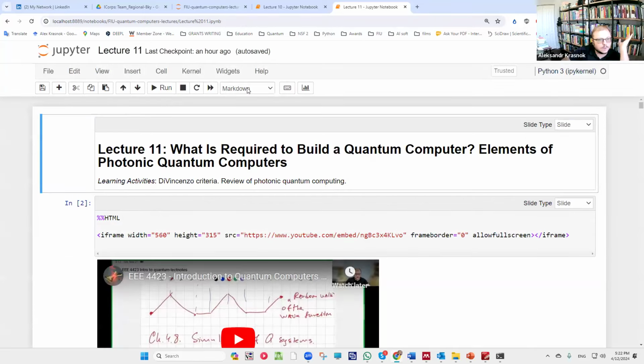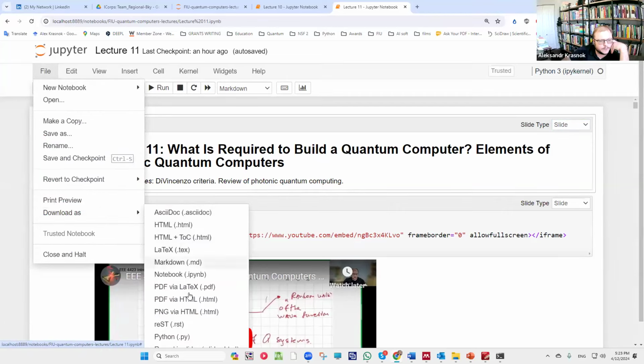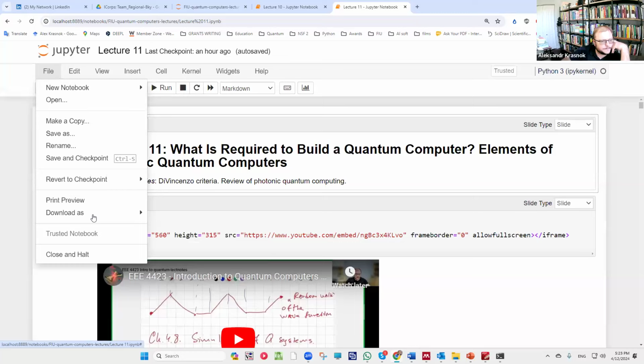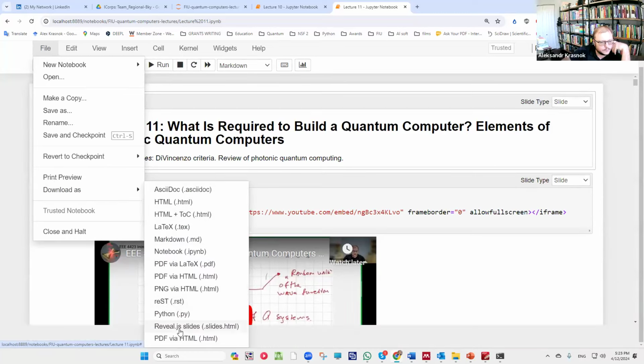And also you will get this slide type, like by default you can put slide to enable the content, and you can also save this file, download it as a .js format, which is slides, basically like HTML, but of presentation slides.